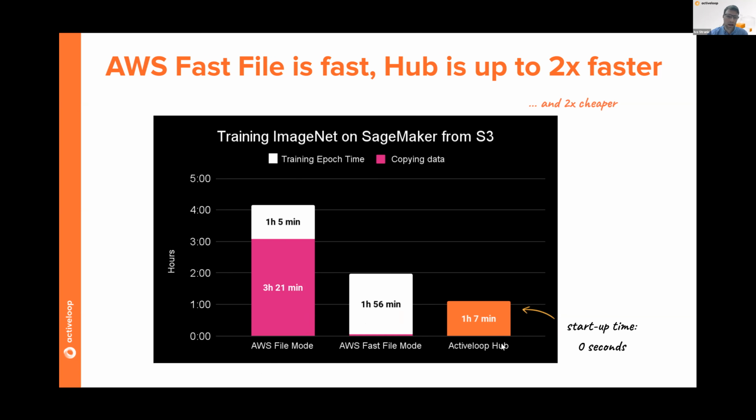All these data sets are in S3 buckets, but in the Hub bar here, the data set is in Hub format. And really what this format enables you to do is to stream this data much faster than when it's in files, which is ultimately why this training was faster than any of these other ones. So essentially, the second the training job gets kicked off, data is streamed. There's no prerequisite data downloading that needs to take place. And end to end, you end up with a much faster workflow.